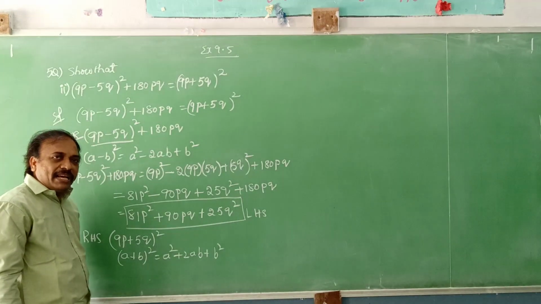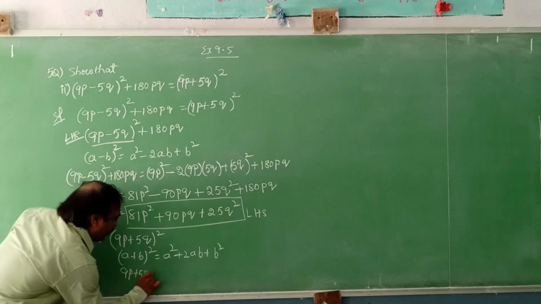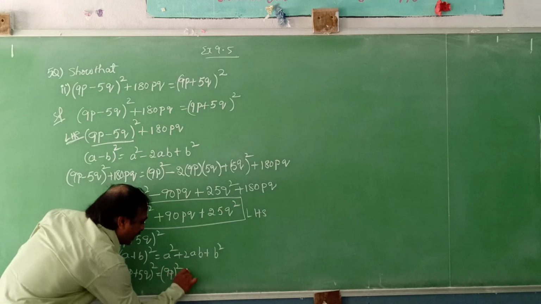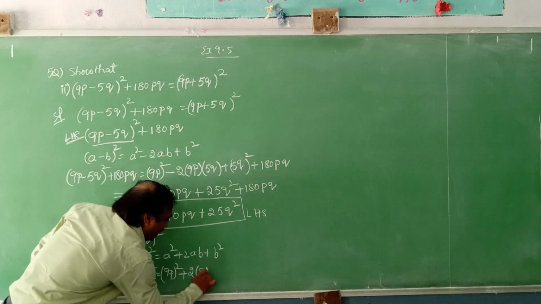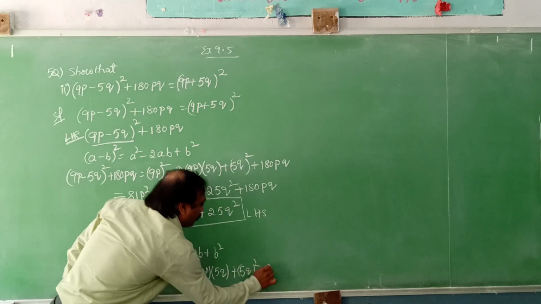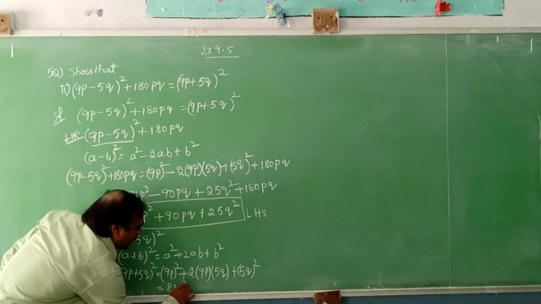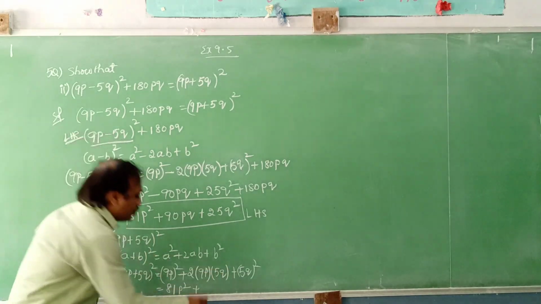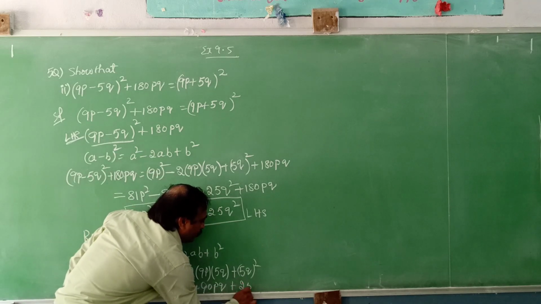So (9p plus 5q) whole square is equal to (9p) whole square plus 2 into 9p into 5q plus (5q) whole square. Now (9p) whole square is 81p square, plus 2 nines are 18, 18 fives are 90pq, plus 5q square is 25q square.